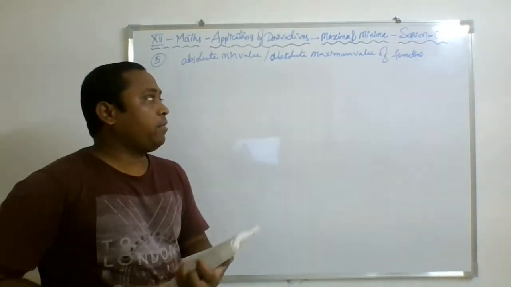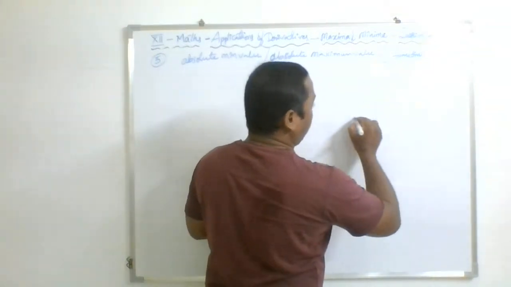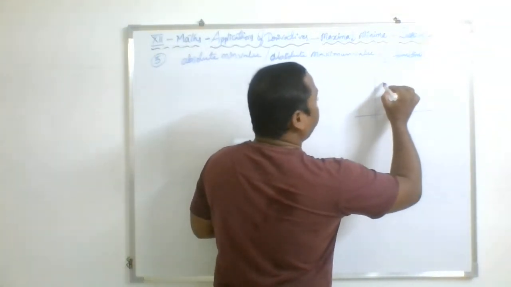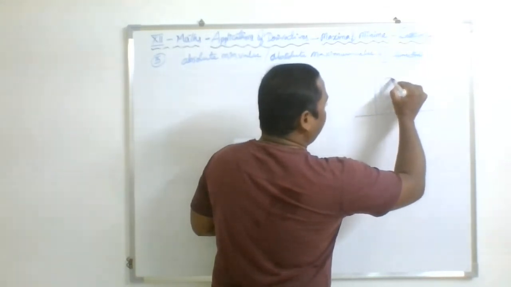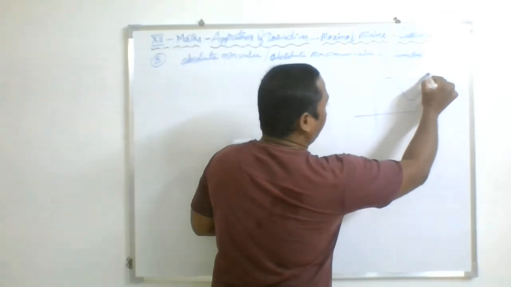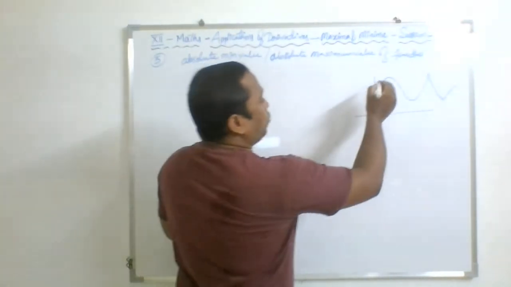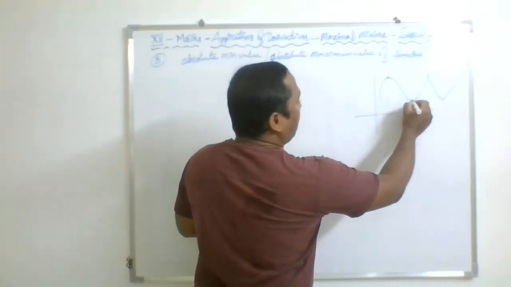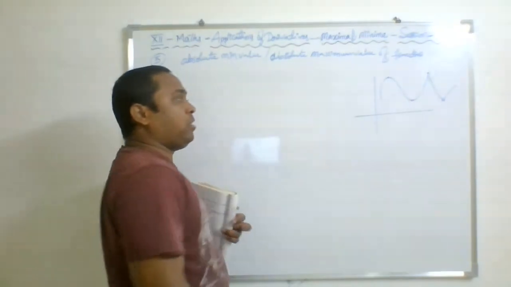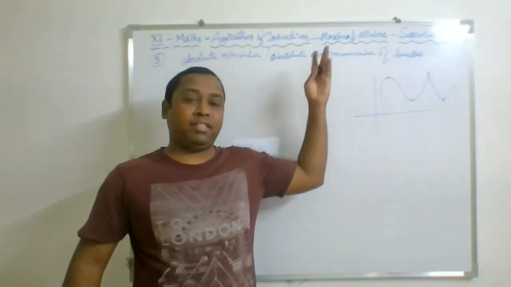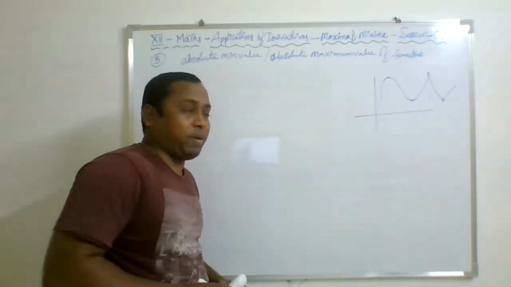Now the very learning point here is, just try this once to understand. I'm just drawing one graph where you will see these are the turning points A, B, C, and D. So wherever the function attains the maximum value or minimum value, there are two aspects.